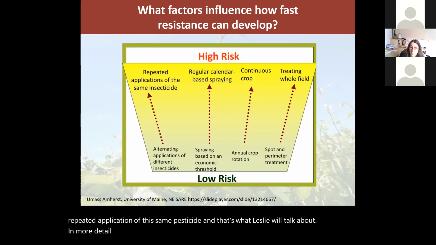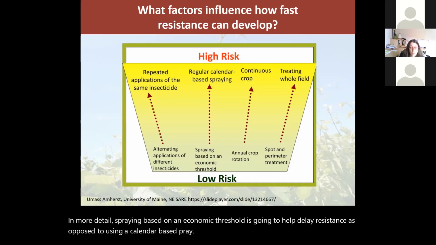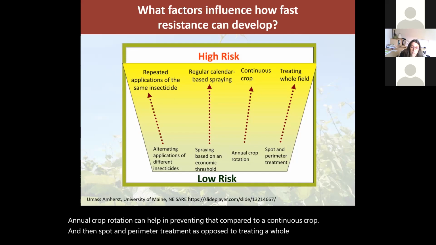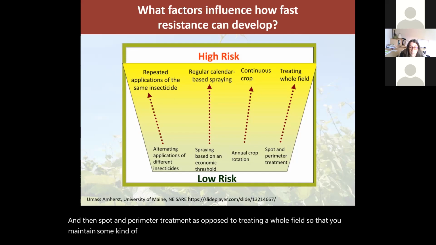Spraying based on an economic threshold is going to help delay resistance as opposed to using a calendar-based spray. Annual crop rotation can help in preventing resistance compared to a continuous crop. And then spot and perimeter treatment, as opposed to treating a whole field, maintains some of that susceptible population in your field.